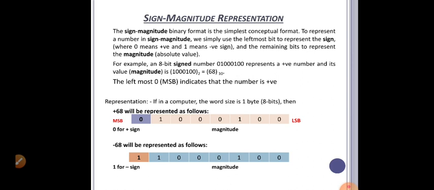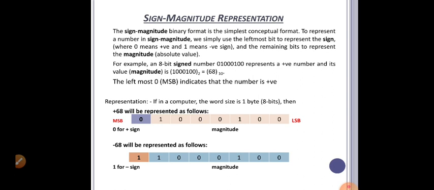If the first bit is 0, the number is a positive value, and if the first bit is 1, the number has a negative value.